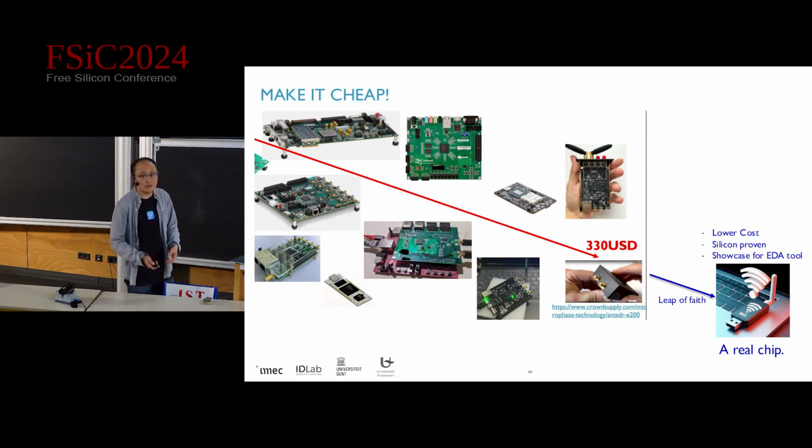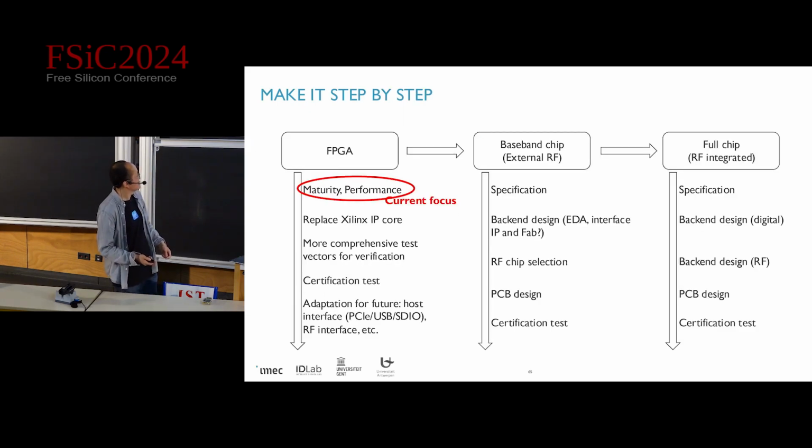And I agree with the previous presentation. I think even for open source EDA tools, you really need some serious, very complicated designs, right? Such as Wi-Fi or the previous Linux-capable CPU. So that's why we need to take the leap of faith. Of course, there is still much work to be done.